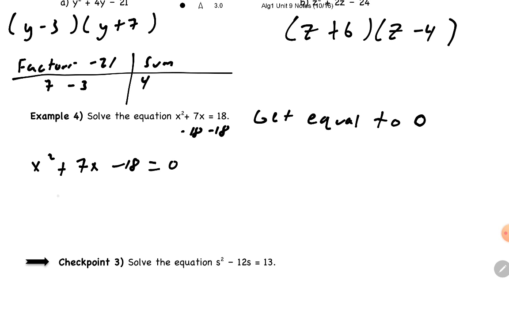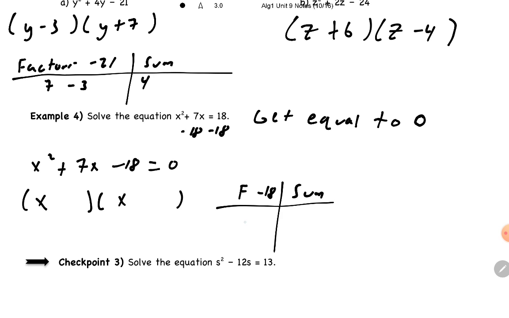Okay, we're going to factor this. So two numbers that factor to -18, and then we have a sum. Remember, they multiply to -18 but add up to 7. So let's try 6 and -2. That doesn't work. That gives us 4.